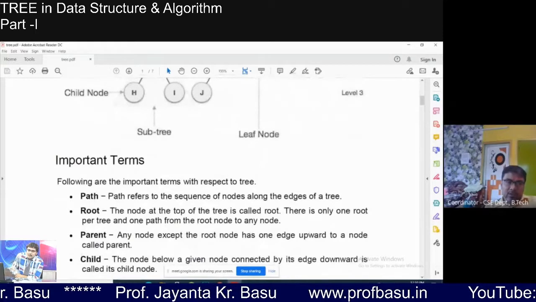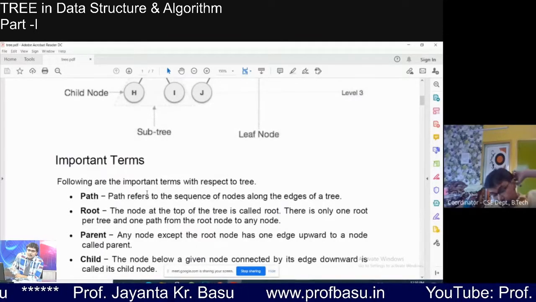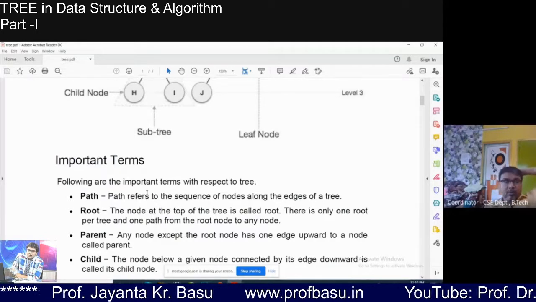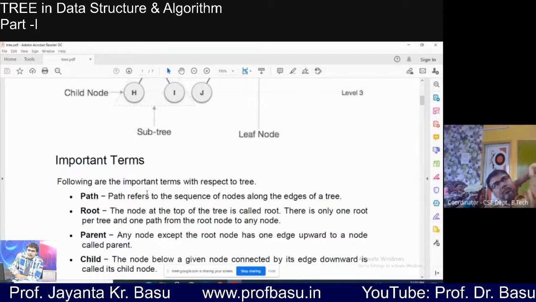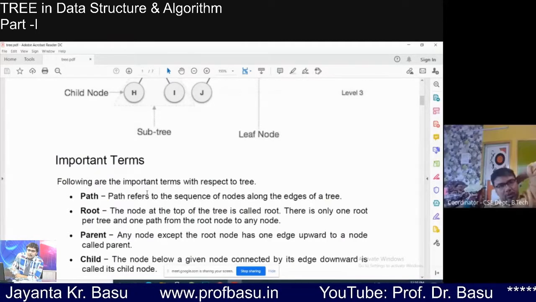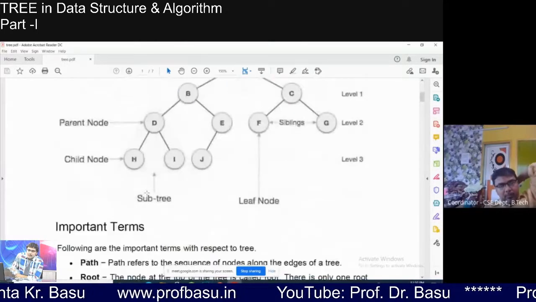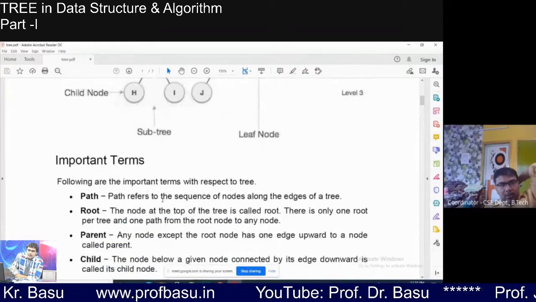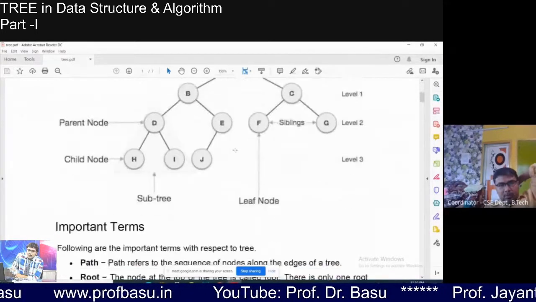Path. All these I think you have studied in your graph theory, isn't it? You have studied graph in mathematics, no? Yes, sir. So it's like a graph, with a bit of difference. Path refers to the sequence of nodes.